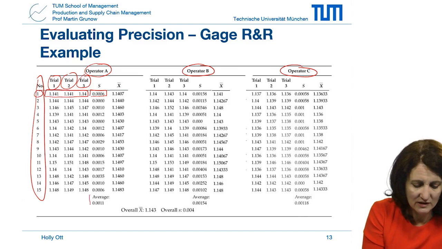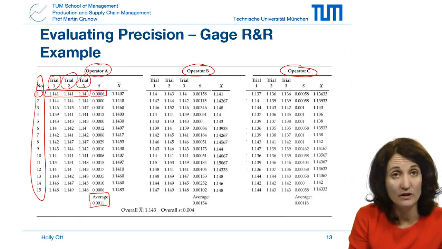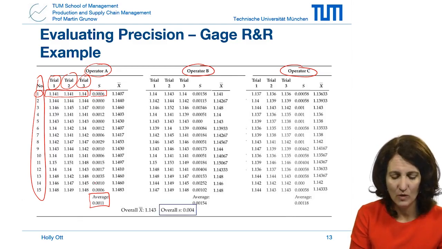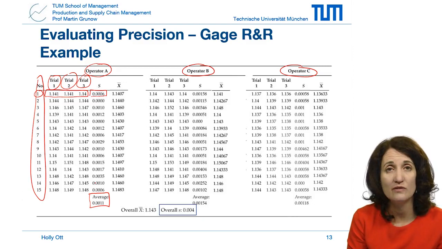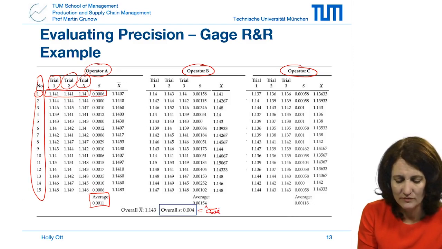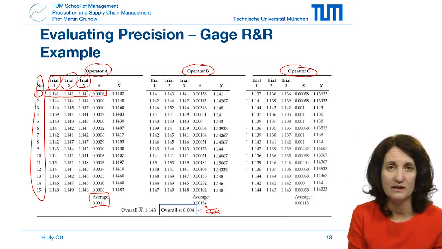We can also calculate the overall sample standard deviation for that operator for all the different parts that they've measured. So the 3 things we want to point out here are, number 1, from 135 data points, we can calculate an overall estimate for the error, the variability of all the data that we have here.